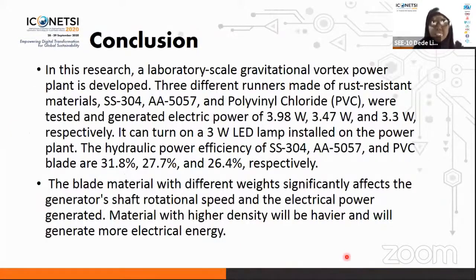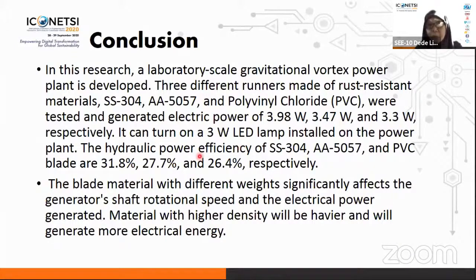So the conclusion of this research is, we developed a laboratory scale gravitational vortex power plant and 3 different runners made of rust-resistant material, stainless steel, aluminum alloy, and PVC were tested and generated electric power of 3.9 watt, 3.4, and 3.3 watt, and it can run a 3-watt LED lamp.